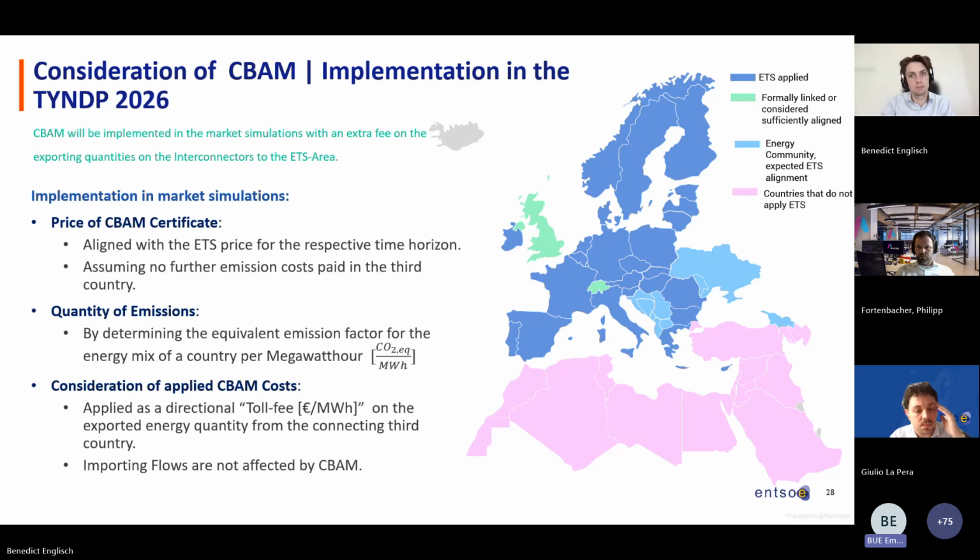Probably one of the most advanced countries about that is Morocco, flagging generation in Morocco, or excess of renewable in Morocco to be exported to Spain as green generation, and then would not have to pay the CBAM. So it's still in discussion, but that makes sense. So in that case, renewable generation from North Africa would not have to pay that CBAM.